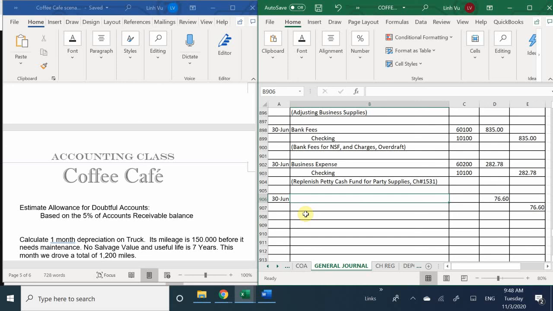So we're applying that concept; it's potential that 5% of our actual sales is going to be uncollectible. I don't know if I answered your question. Oh, yes, you did. Okay.